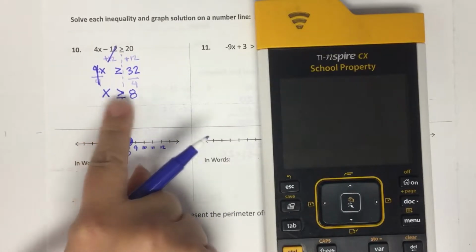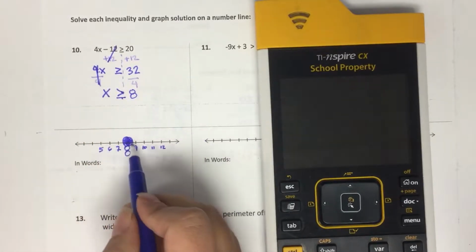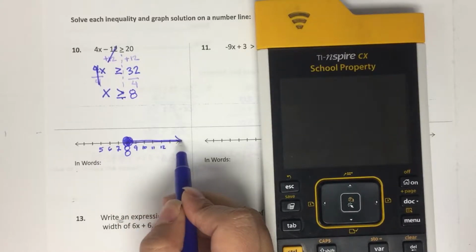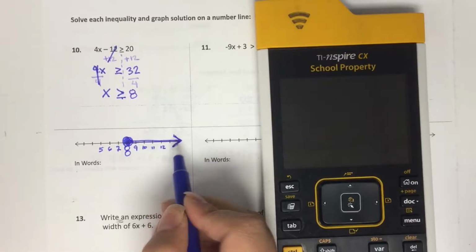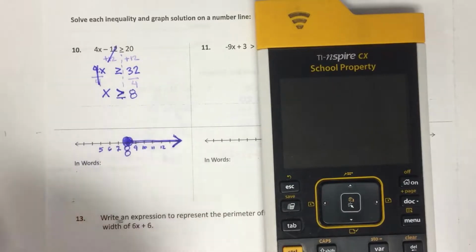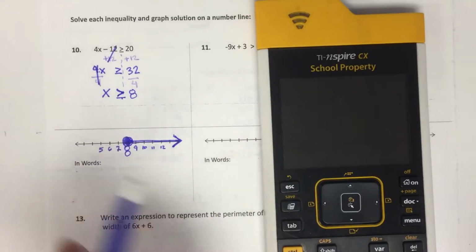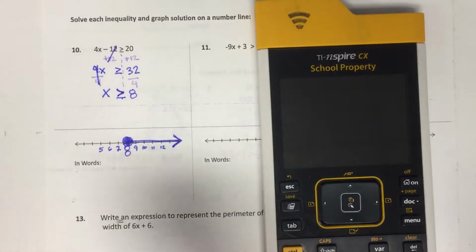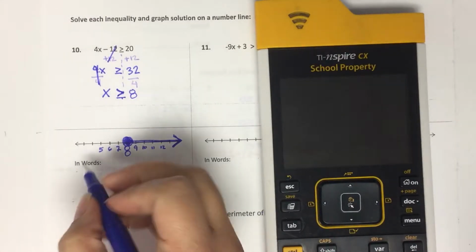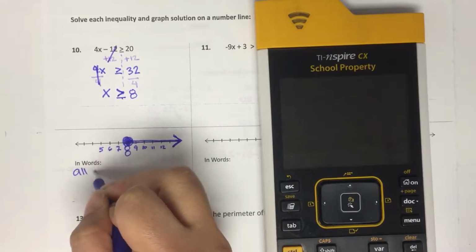If I want all the numbers greater than or equal to 8, that's going to be over to the right side. And notice this arrow on the number line mirrors the greater than symbol. In words, we're talking about all real numbers greater than or equal to 8. So that's what we would write.